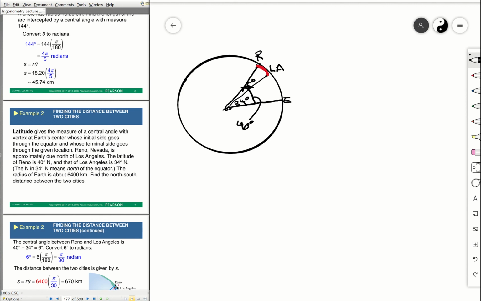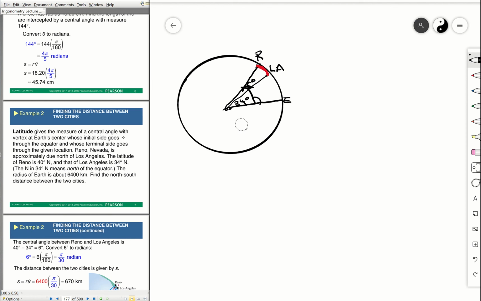Okay, so all those words, not to be scary, all they're asking you to do is to find the length of this arc, which corresponds to a central angle measuring 6 degrees, and the radius of the sphere.